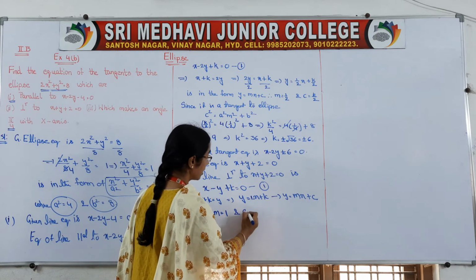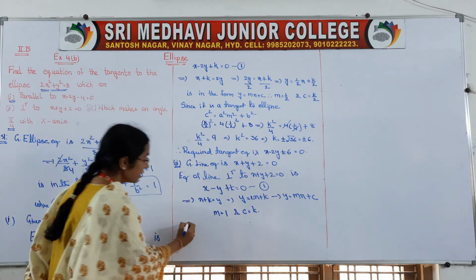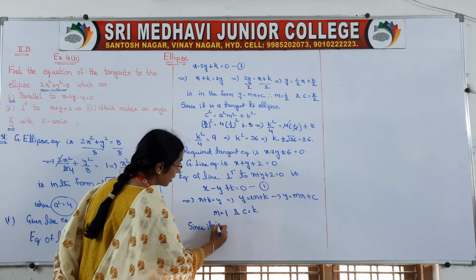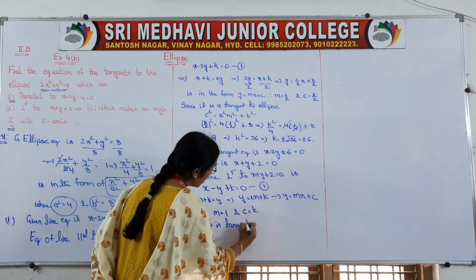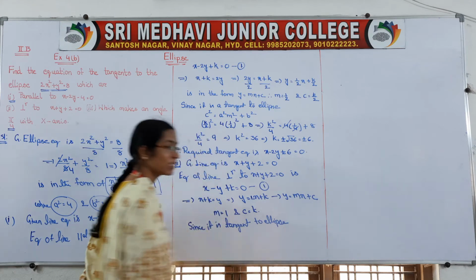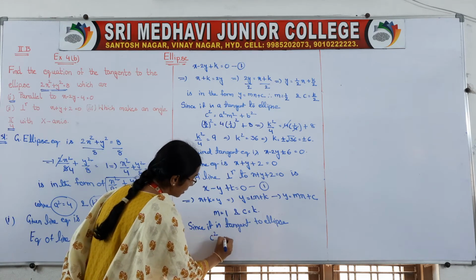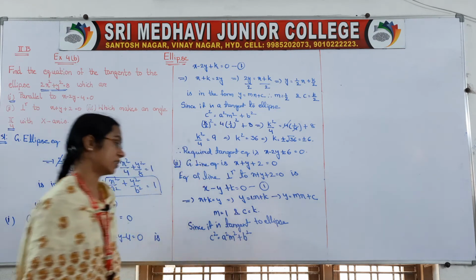And c is the k value, right? Since it is tangent to the ellipse, it has to satisfy one condition. What is that condition? c² = a²m² + b².